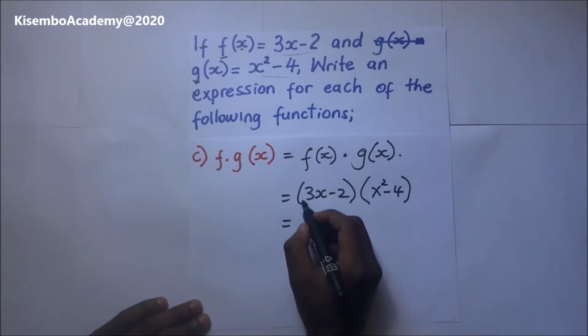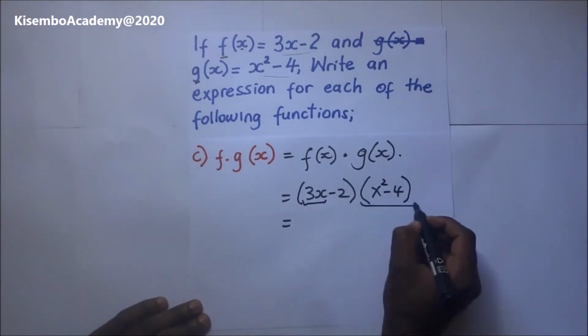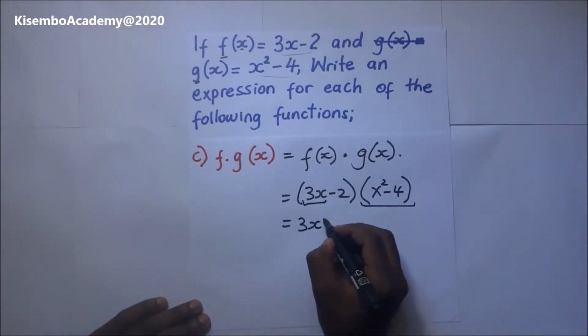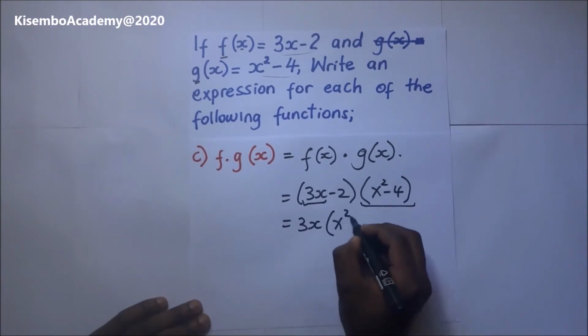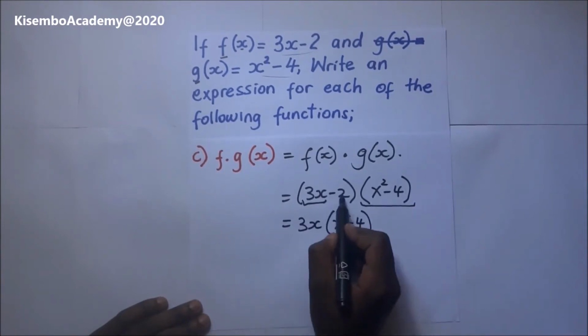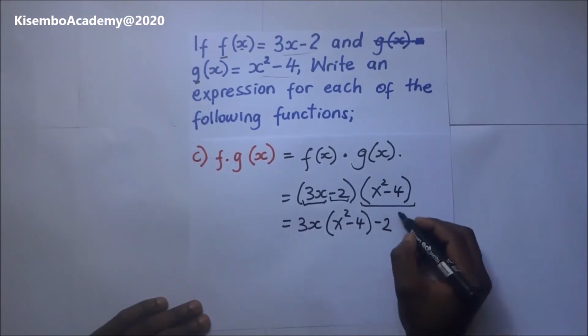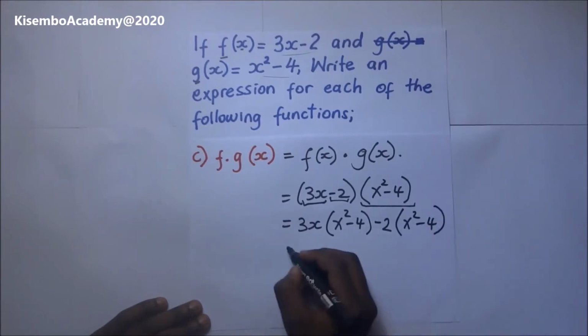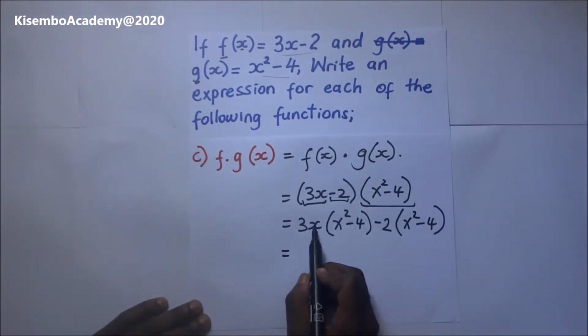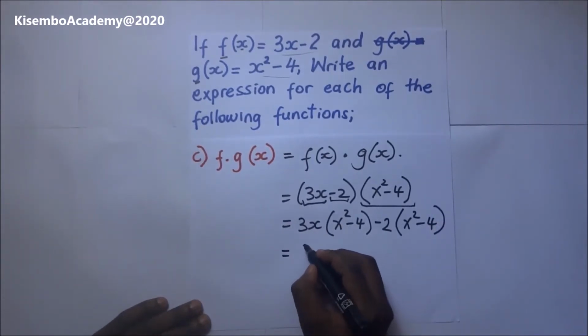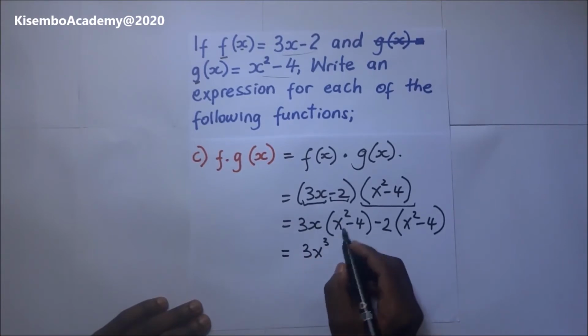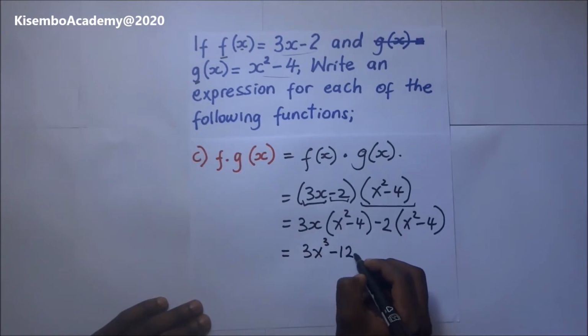So this becomes 3x times all these brackets, which is going to be 3x times x squared minus 4, minus 2 times the whole bracket, minus 2 into x squared minus 4. So opening brackets, 3x times x squared is going to give us 3x to the power 3. 3x times -4 is going to give us -12x.